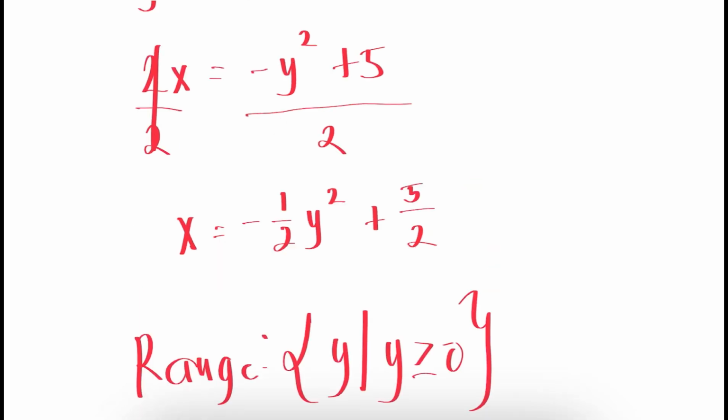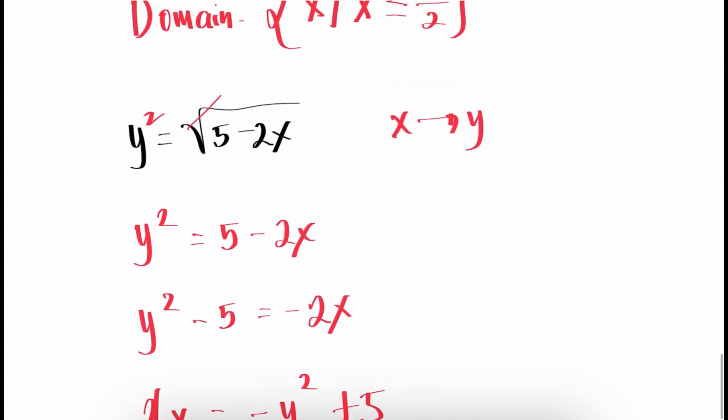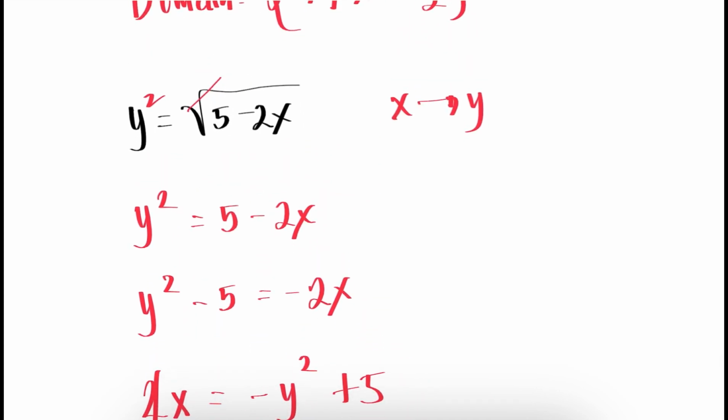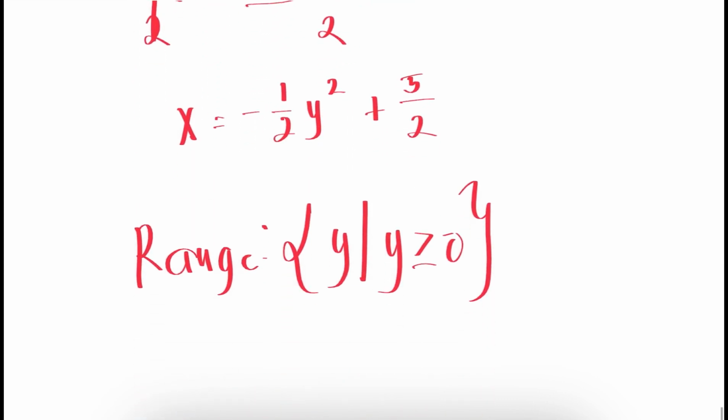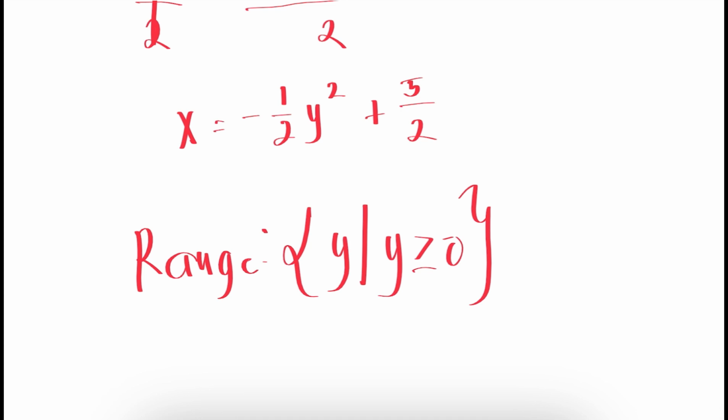Now take note, the defining equation is a radical and it is restricted to the values of the radicand that are greater than or equal to 0. That is why the range is all y such that y is greater than or equal to 0.